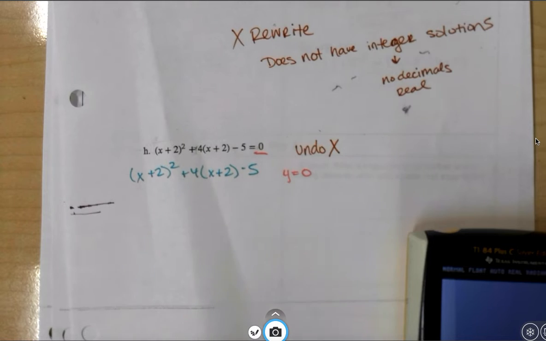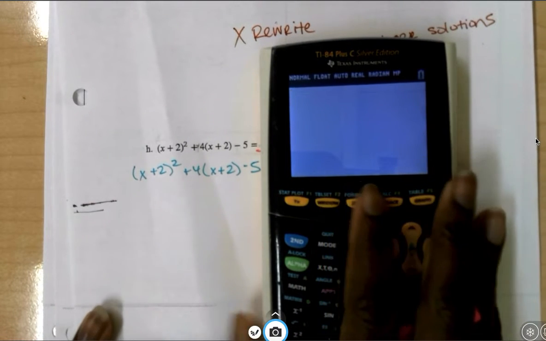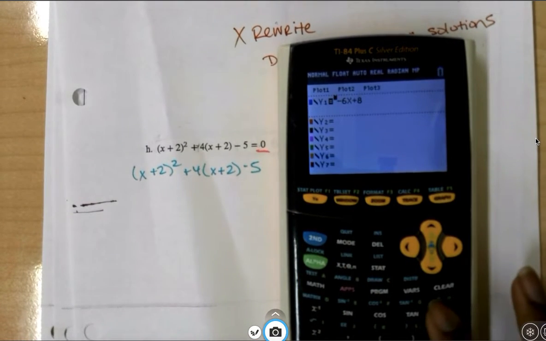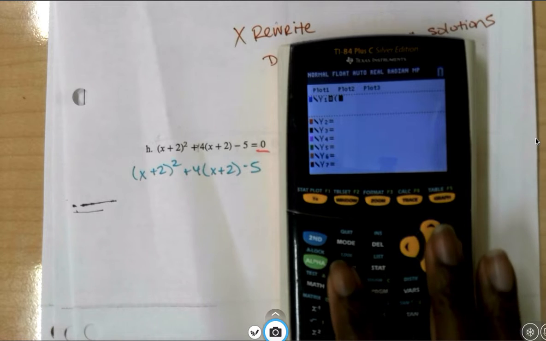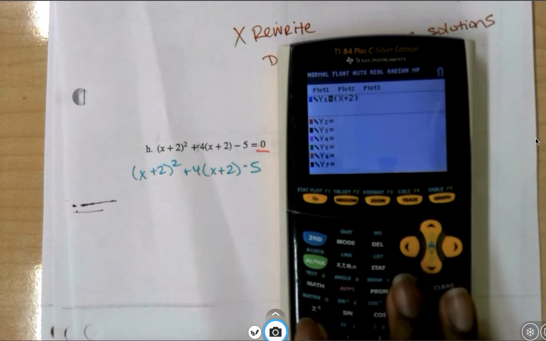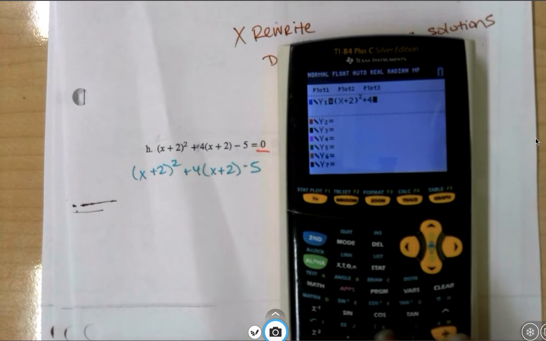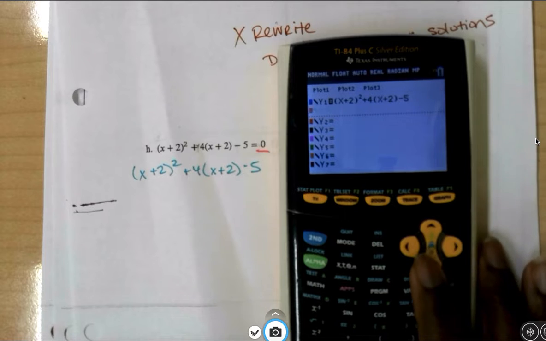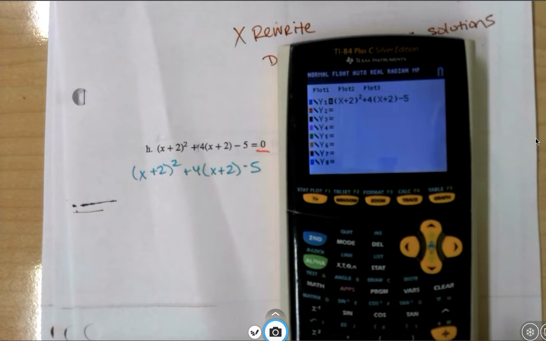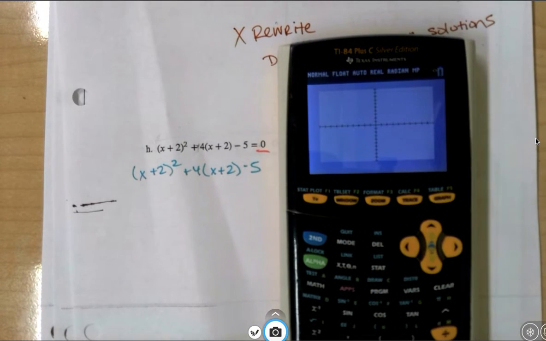This is going to create that intersection that will tell me what my solutions are. So I'm going to go to y equals x plus 2 squared plus 4 times x plus 2 minus 5. And my next equation will be 0. I'm going to press graph.